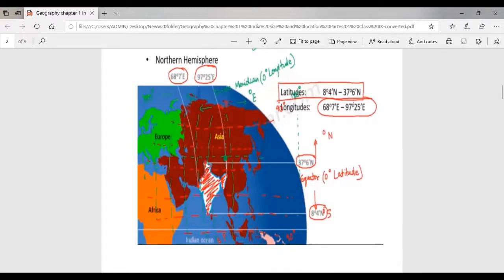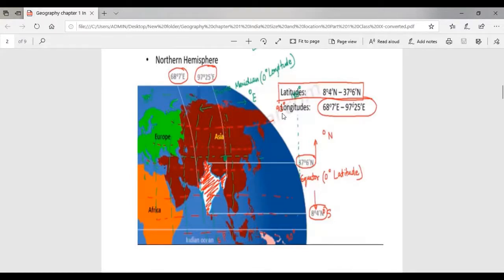The topmost point corresponds to 37 degrees 6 minutes north latitude, and the bottom point corresponds to 8 degrees 4 minutes north. It means that latitude wise our country is located from 8 degrees 4 minutes north to 37 degrees 6 minutes north.